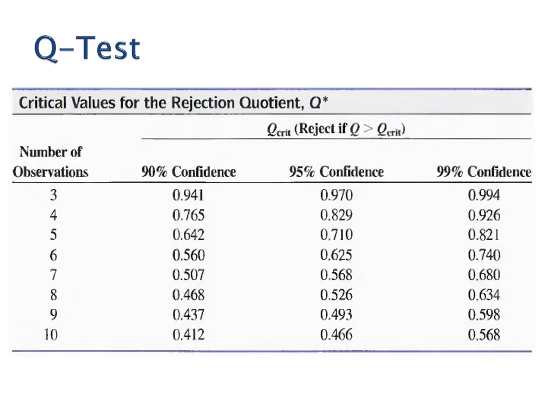So, here's the critical values for the rejection quotient. So, ito yung confidence level, kung gaano ka ba ka-confident doon. So, if Q experimental is greater than the Q critical, kailangan mong i-reject yung result na yon.